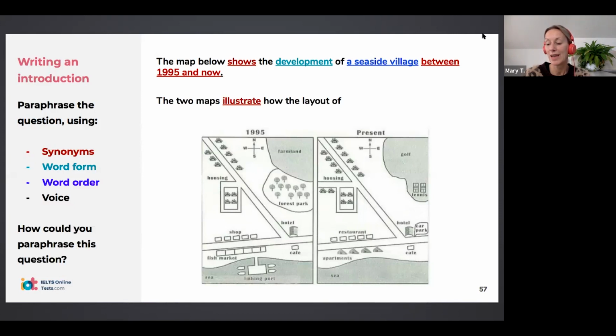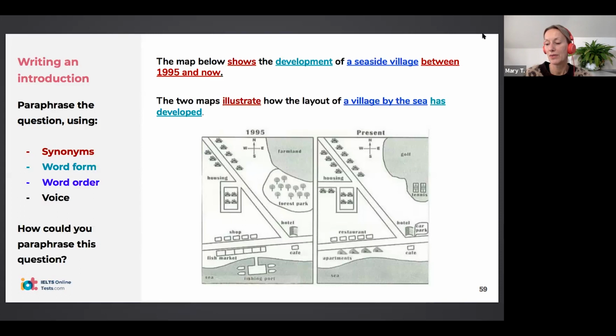You need to keep the same information. The town by the sea, yeah, almost a small seaside town. You need to keep the same information, so you could just say a village by the sea. Okay, and then I changed development, which is a noun, to the verb, so has developed. Okay, between 1995 and now, how could you change that?